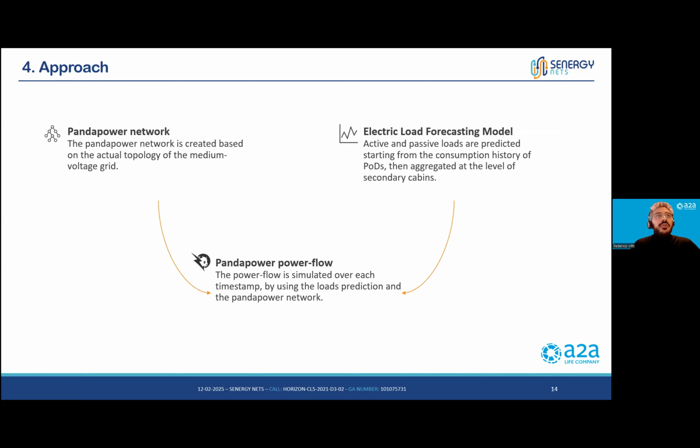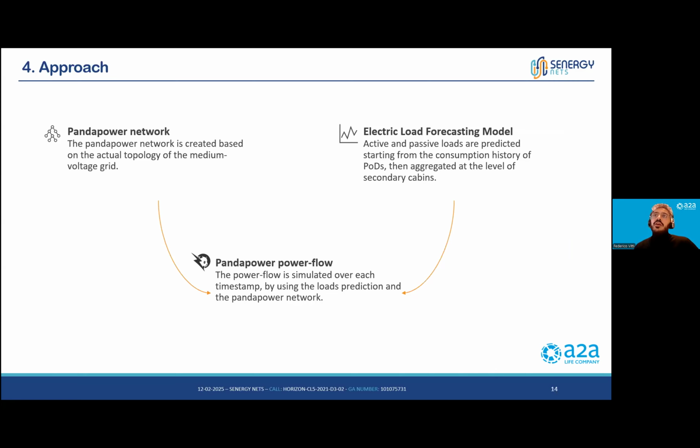So for each element of the grid that I previously mentioned, we create the corresponding element in Pandapower. The electric load forecasting model is how we predict our active and passive loads that we want to add to the Pandapower network.